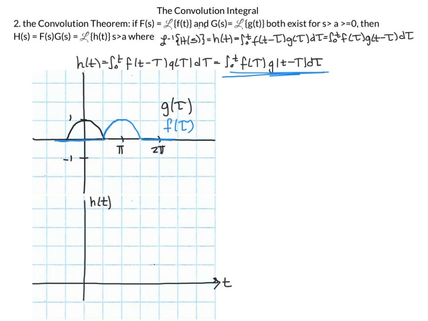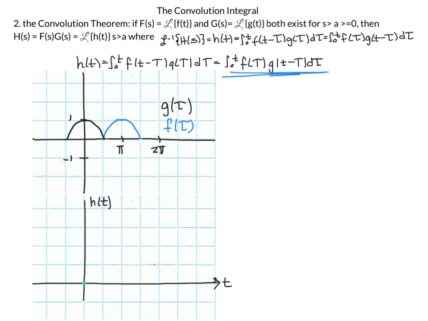And over here, when f of tau is non-zero, we see that our g of tau is equal to 0. So this product here is always 0 for t equals 0. So at t equals 0, our convolution, h of t, is going to be 0.